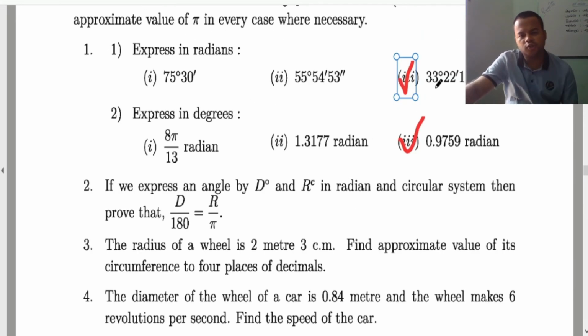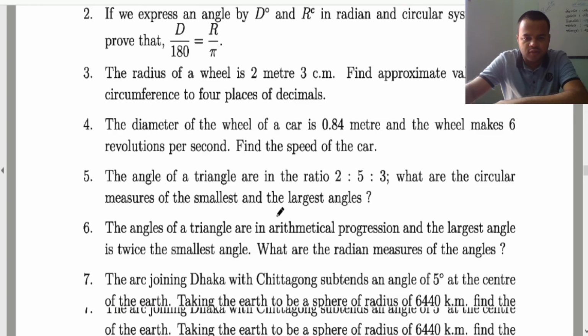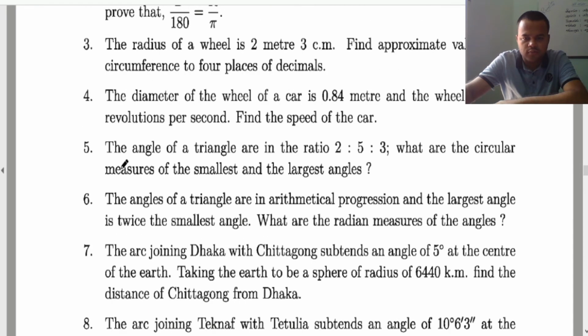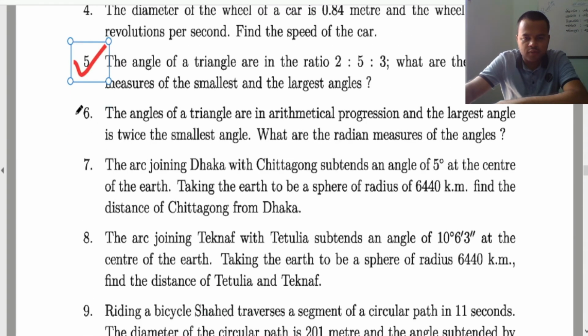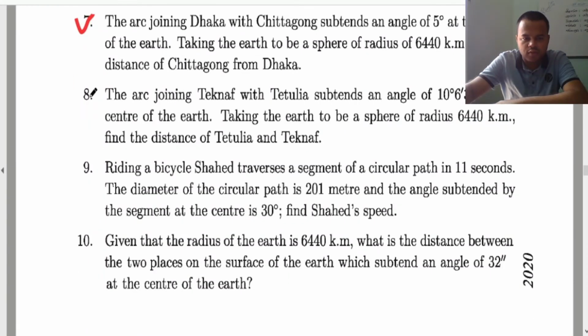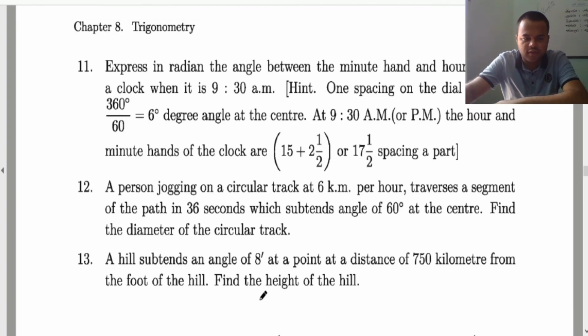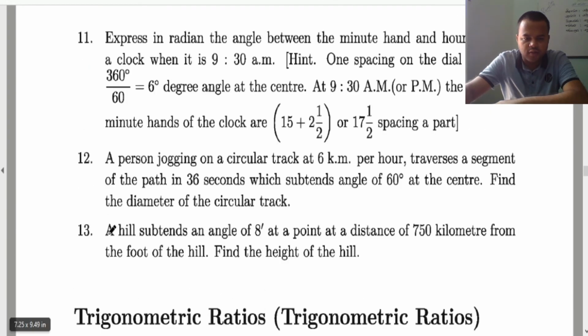If you can do these two conversions, then I think you can do any other conversion. So this is just for practice. Here number 5, number 7, number 8, all are similar types. And here number 13.